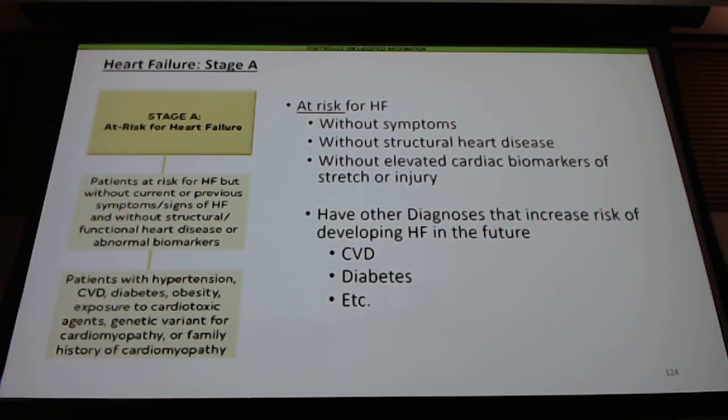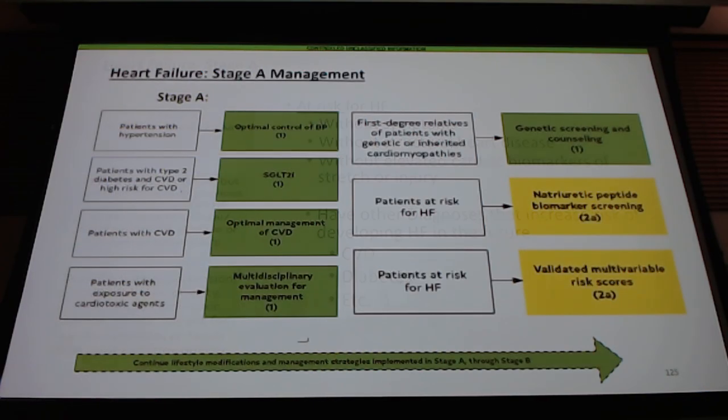I'll quickly breeze through these because you're going to have these for reference, and we're going to go over this in our lab on Friday. But again, stage A heart failure: no symptoms, no structural, no functional changes. And the treatments for stage A are just to address the things that put them at risk so they don't get worse and start to cause a structural or functional problem to develop in the heart.